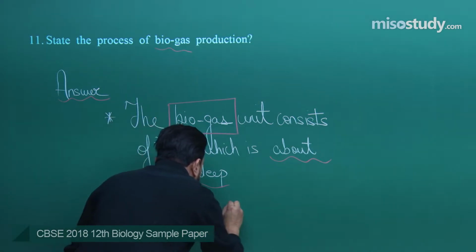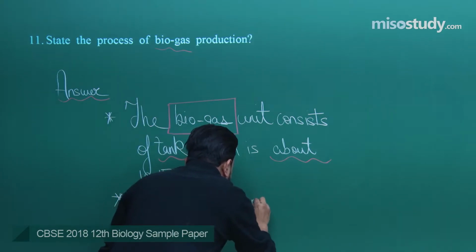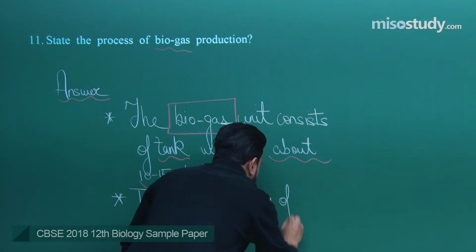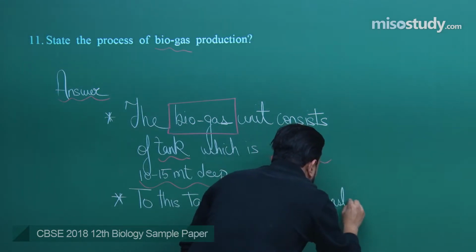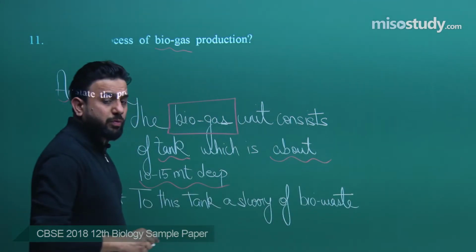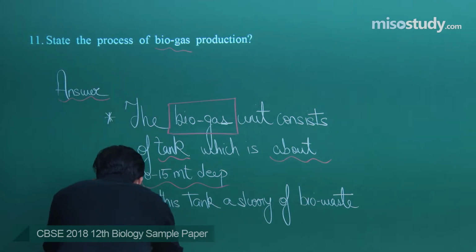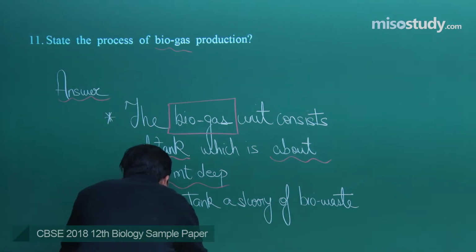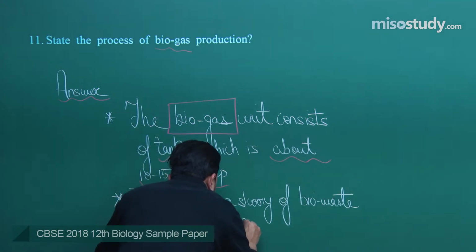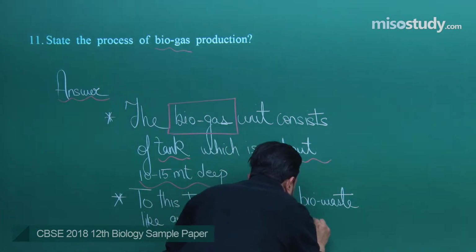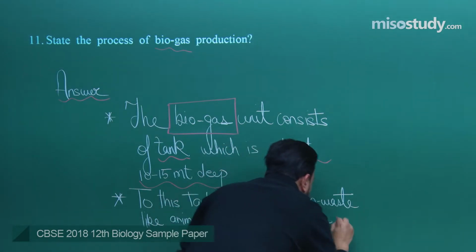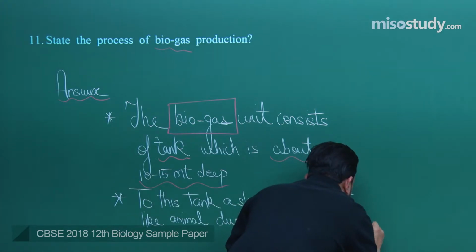To this tank a slurry of bio waste like animal dung, cow dung, etc. is added.